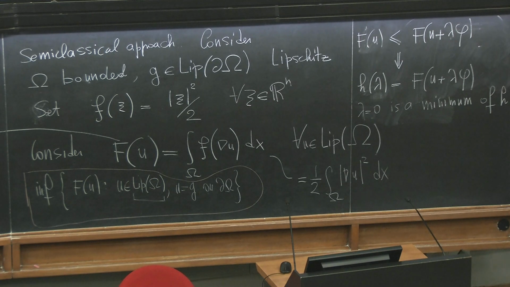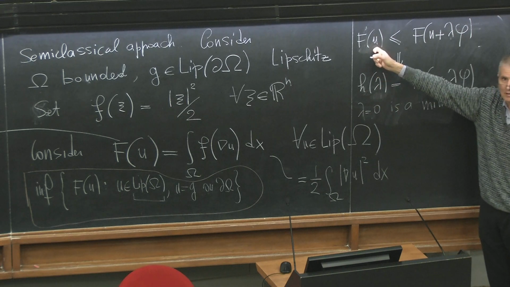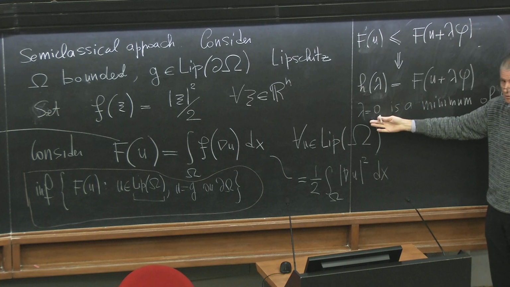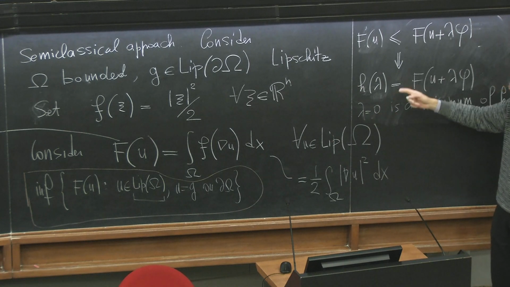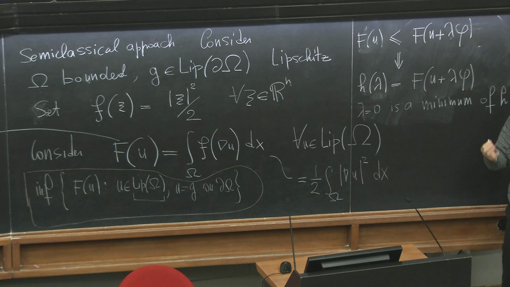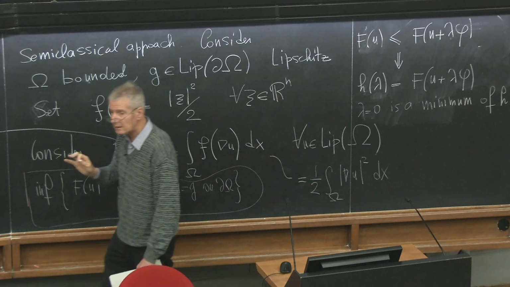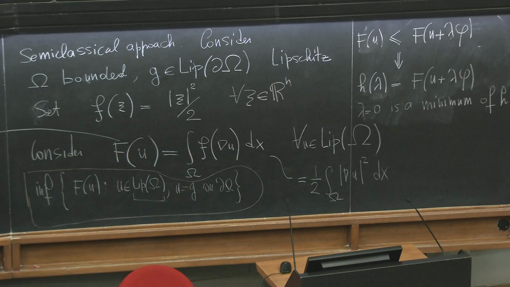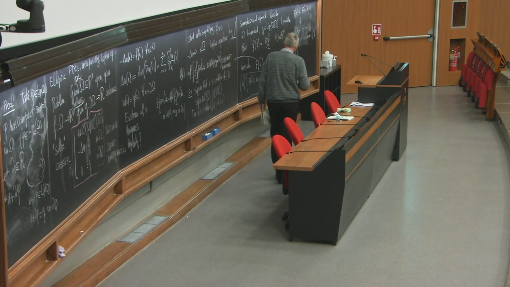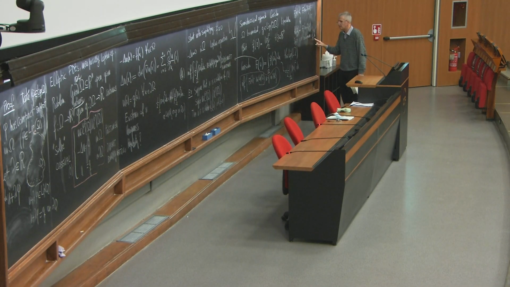It's trivial, no? Because at lambda equal to 0, this is F of u, and F of u is less than or equal to this. So once I consider this function as a function of one real variable, with u and phi fixed for the moment, 0 as a real number becomes a minimum point of h.